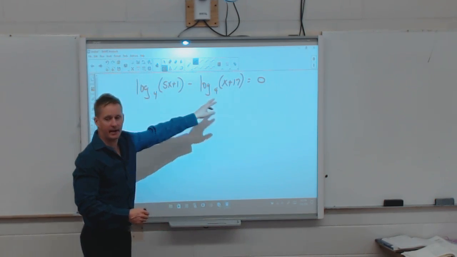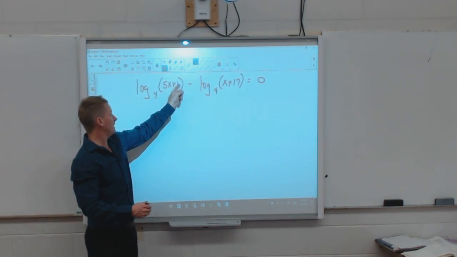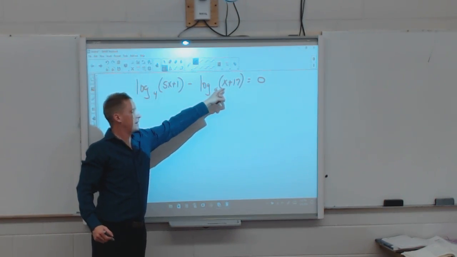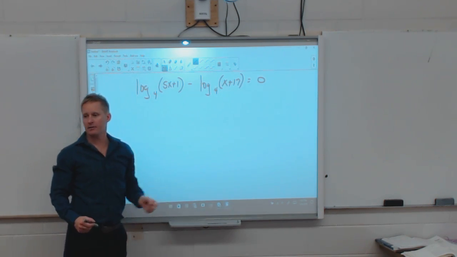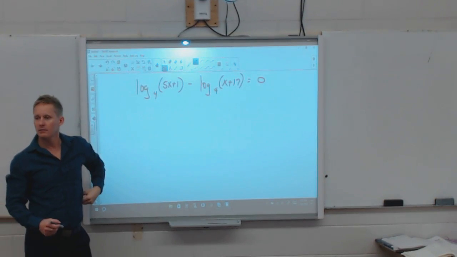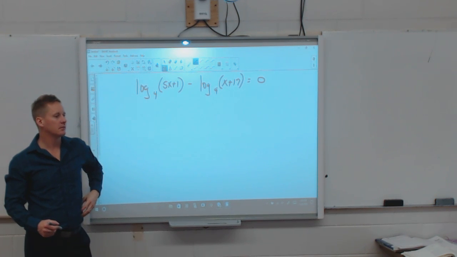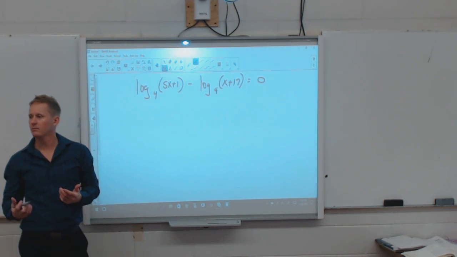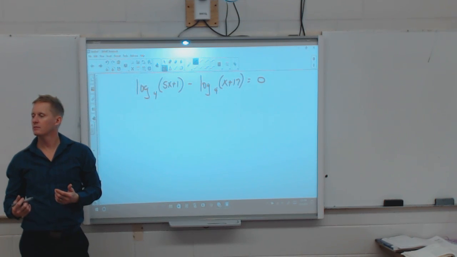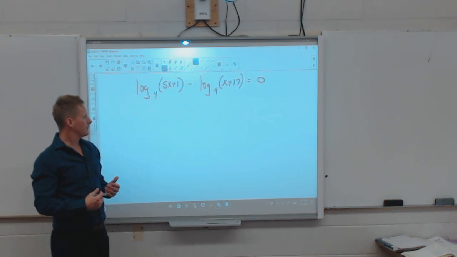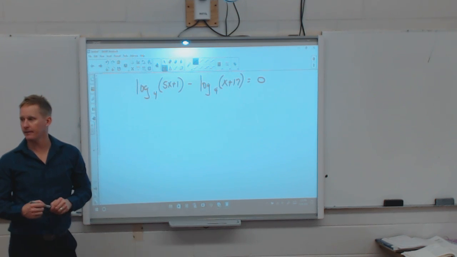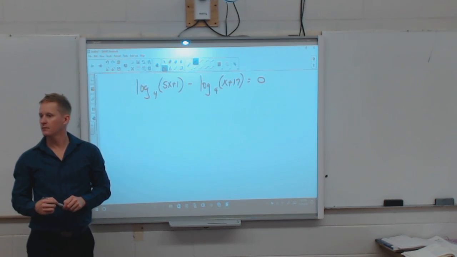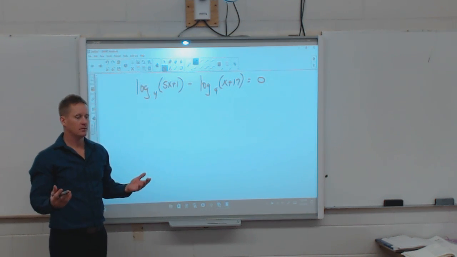Now I'm going to write this as a single logarithm. Because it's a subtract, what do I do with the terms right there? Divide.